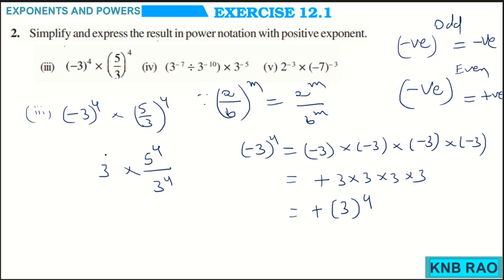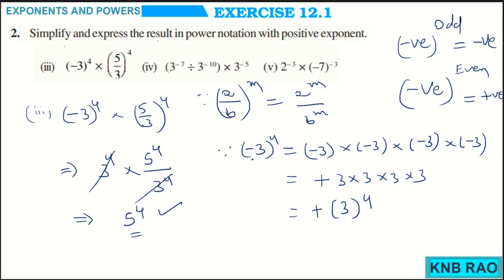So here 3 raised to the power 4 will come instead of minus 3 power 4 using this idea. Now the 3 power 4 in the denominator cancels with the 3 power 4 in the numerator. So we are left with only 5 raised to the power 4 as the answer.